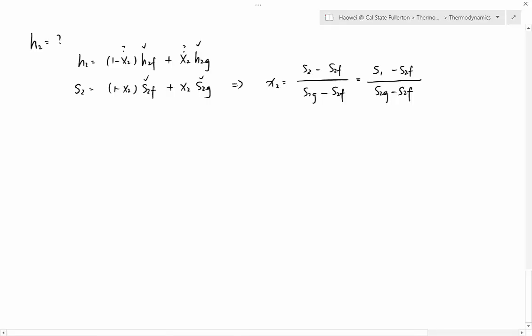Okay, so X2 is equal to... And the solution is 0.9895. That is x2. So now finally I can go back to this equation to look for H2.